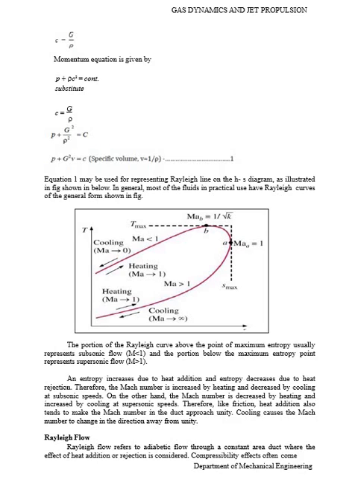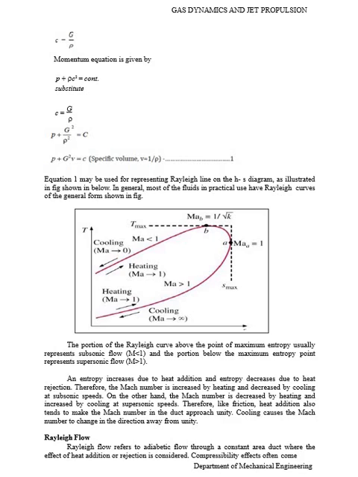The portion of the Rayleigh curve above the point of maximum entropy usually represents the subsonic flow, that is M less than 1, and the portion below the maximum entropy point represents supersonic flow, that is M greater than 1. And entropy increases due to heat addition and entropy decreases due to heat rejection.